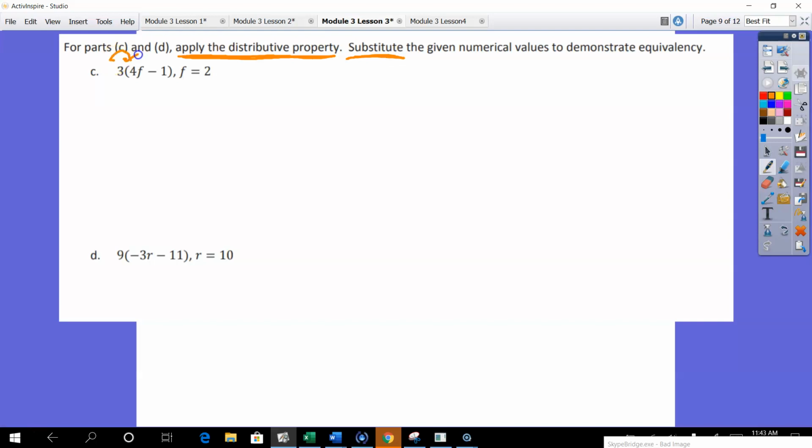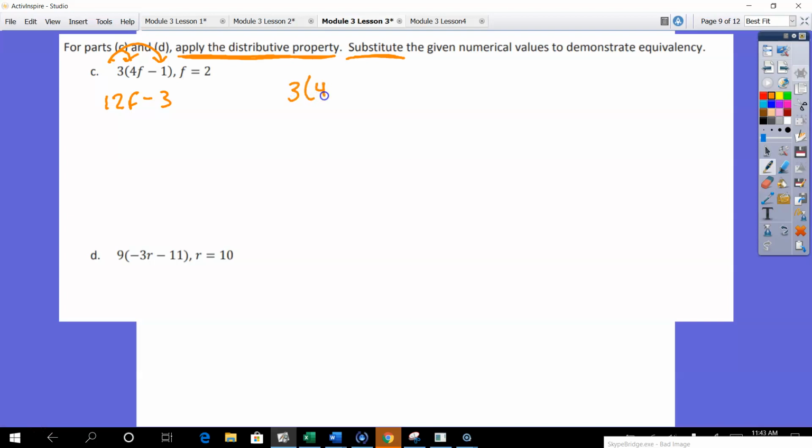Okay, so 3 times 4f is 12f. 3 times minus 1 is minus 3. Okay, so then we are going to plug in and make sure that it works.